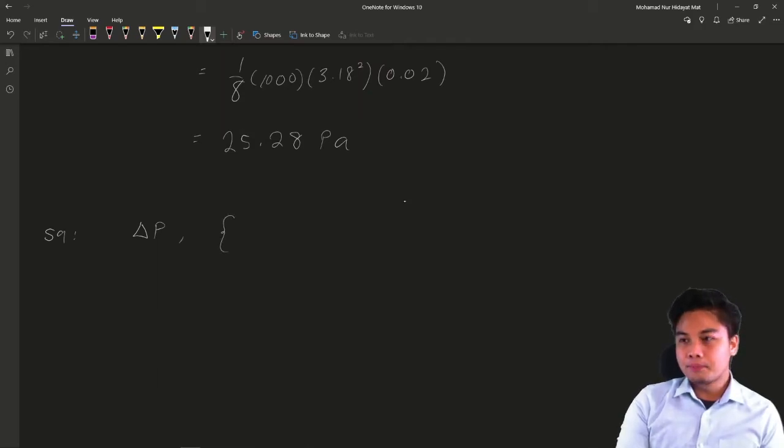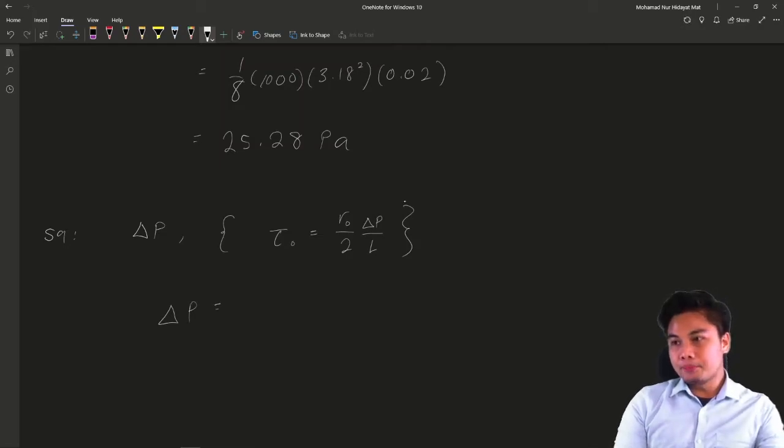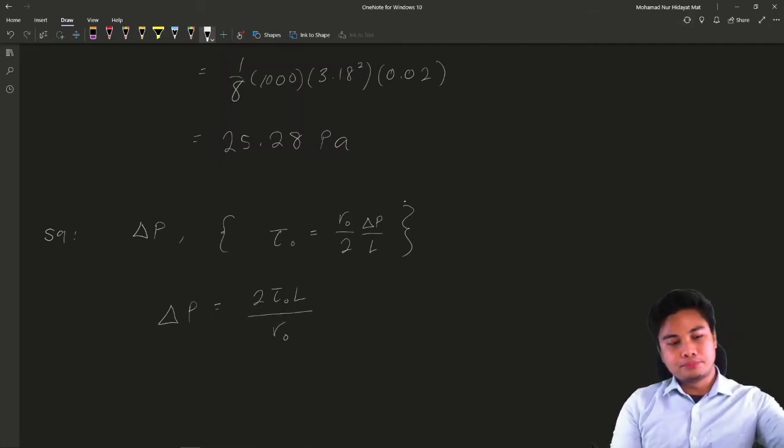From our shear stress, tau naught equals R naught over 2 times the change of pressure over L. Rearranging back, we get the change of pressure equals 2 tau naught L over R naught.